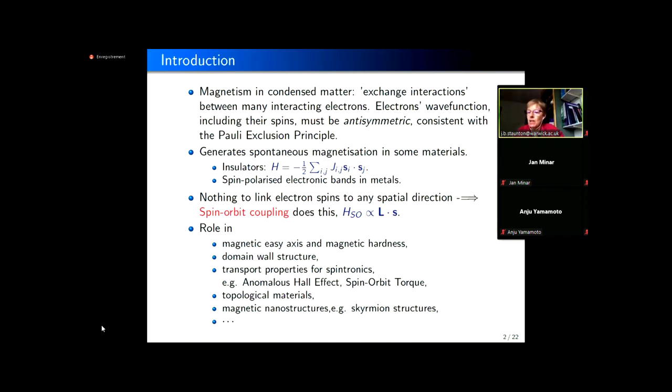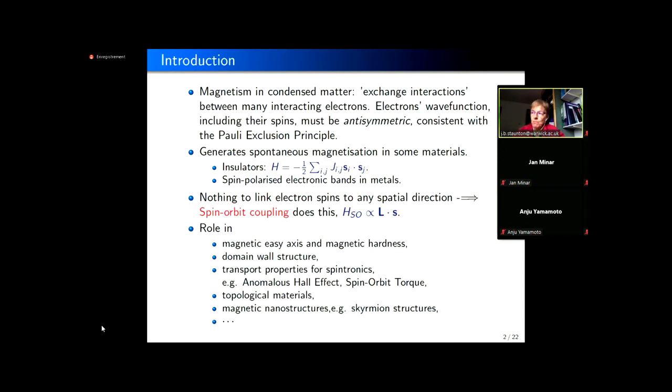Let's think about magnetism in condensed matter. Obviously, there are the exchange interactions, which are dominant, and they come from the fact that the quantum mechanical wave function describing the many electrons in a material must be overall antisymmetric, consistent with the Pauli exclusion principle. With the spin degrees of freedom, that generates the basis of magnetic effects in materials.